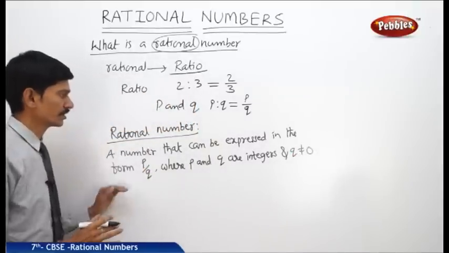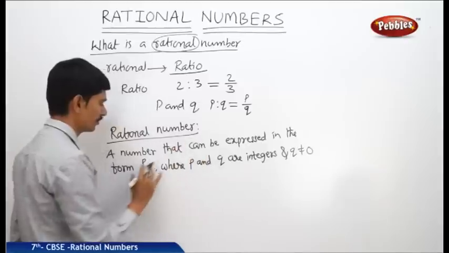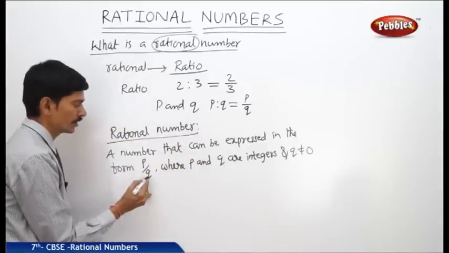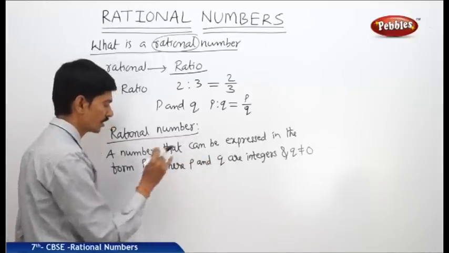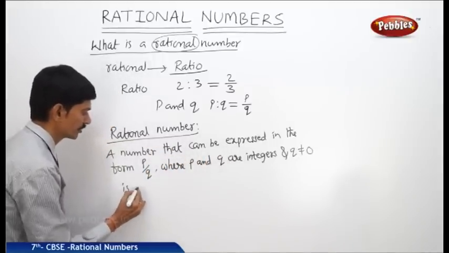This is the definition of a rational number. A number that can be expressed in the form P/Q, where the numerator P and the denominator Q are integers and the denominator Q is not equal to 0, is called a rational number.